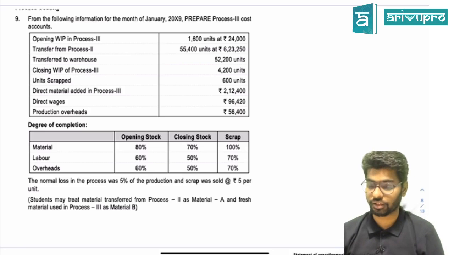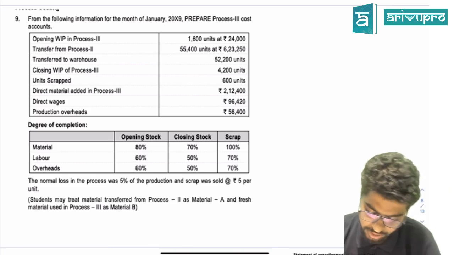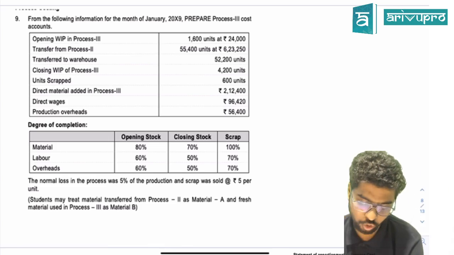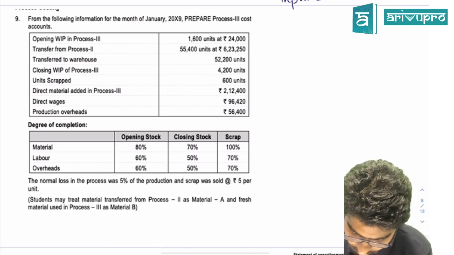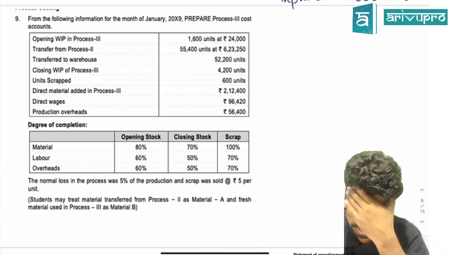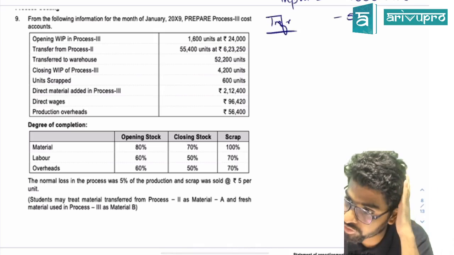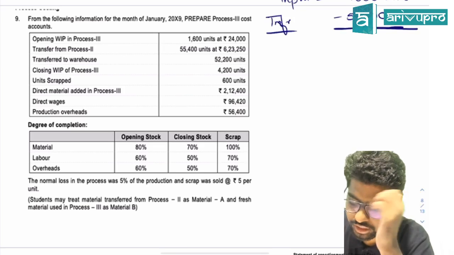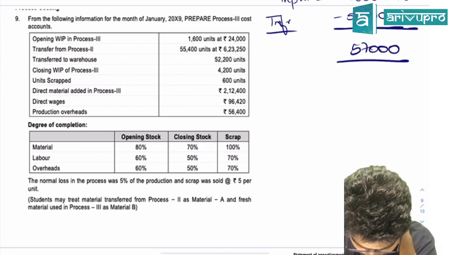So from the following information for the month of January, prepare process 3 accounts. Opening WIP, so my input, transfer from process 2, 55,400. Therefore, my total input is how many? 57,000 units.